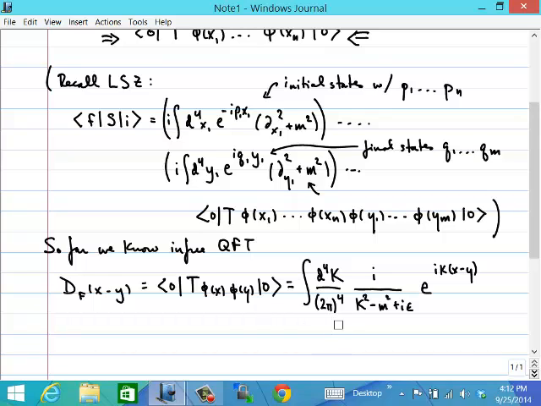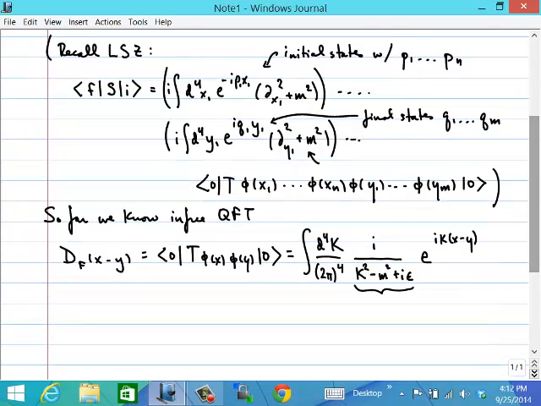So this is a reasonably explicit and relatively simple expression for the Feynman propagator. In particular, in momentum space, this Feynman propagator is just 1 over k squared minus m squared. Okay. So it just is an analytic function of k that has poles at k squared equals plus or minus m squared. K is plus or minus m.